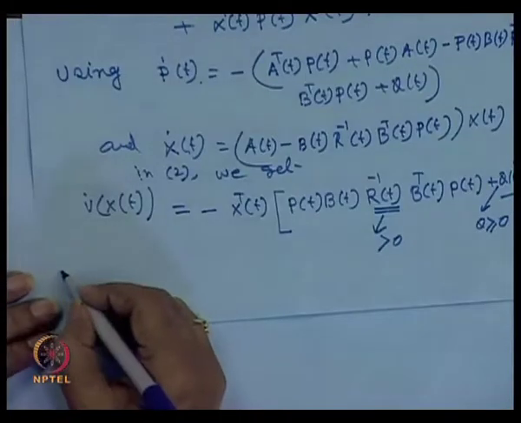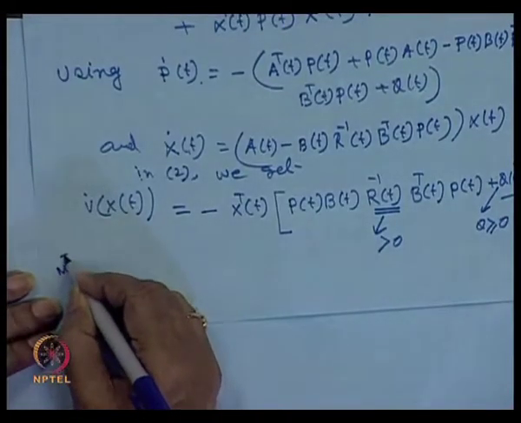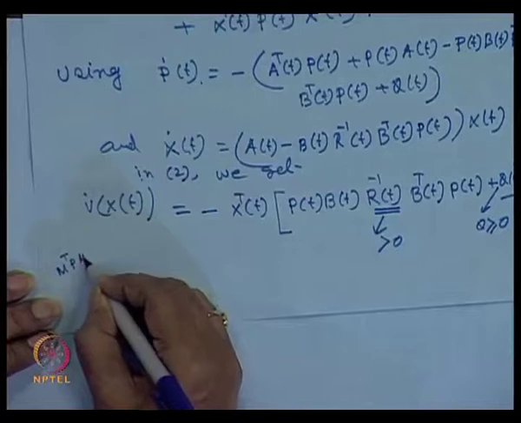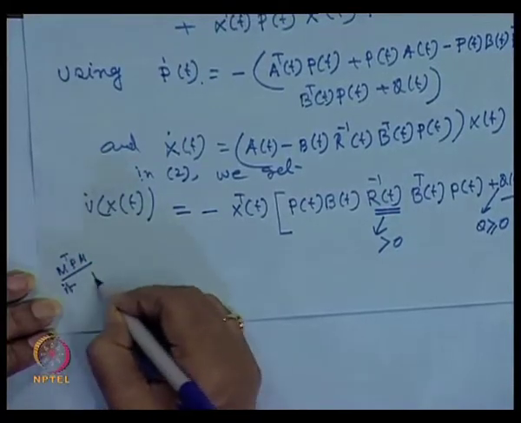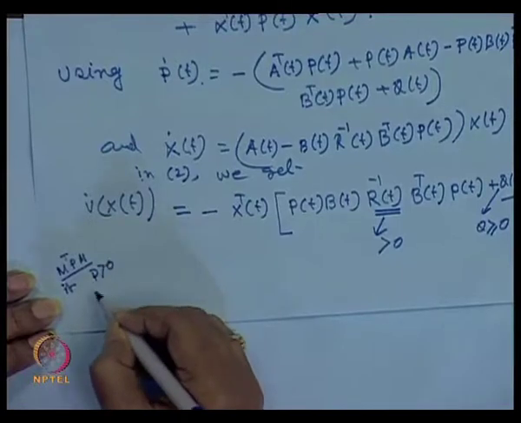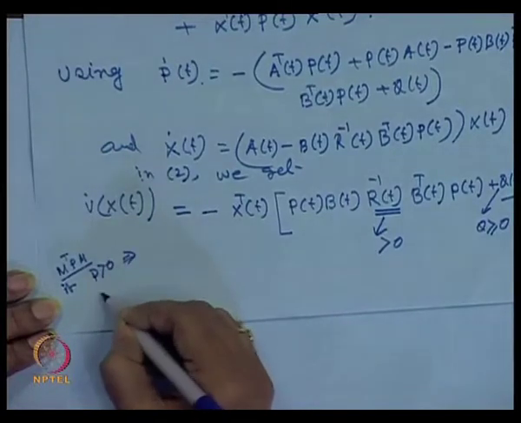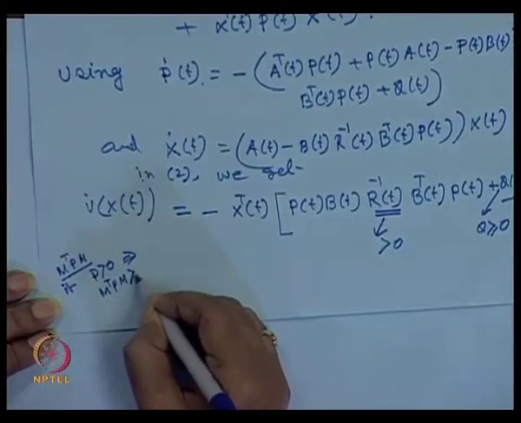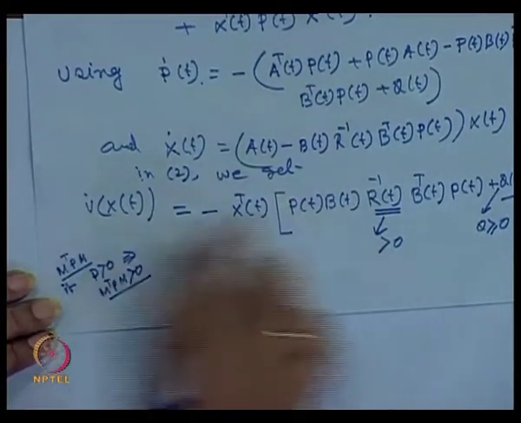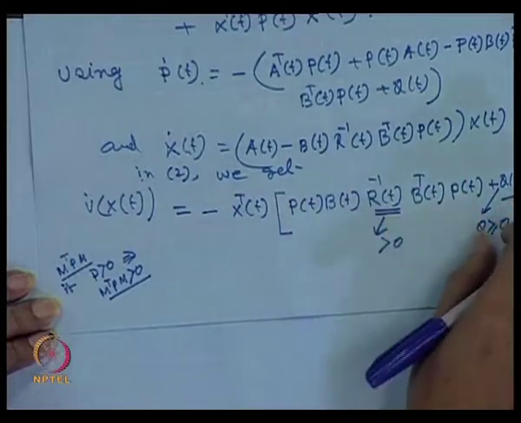That means we can say M transpose P M, if P is greater than 0, this implies that M transpose P M is also greater than 0, meaning positive definite. This we have used here.